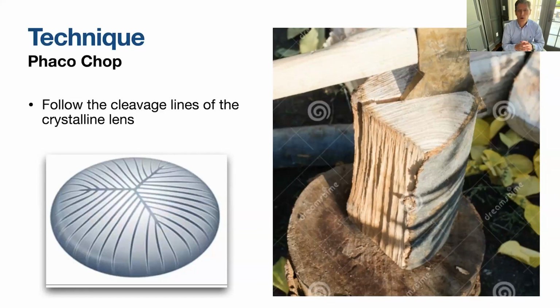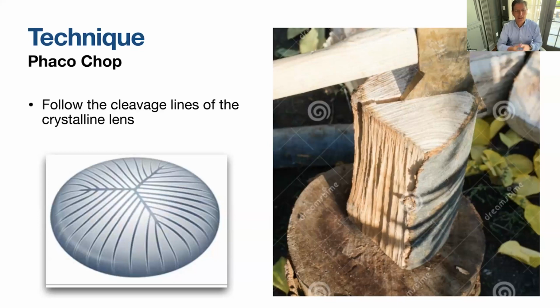Next is, what techniques should we use when treating these very dense cataracts? And the consensus is that the most efficient technique with these dense cataracts is to use phaco chop or chopping techniques.